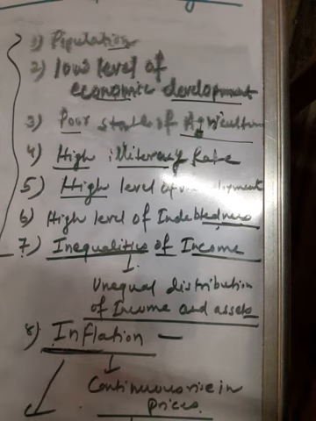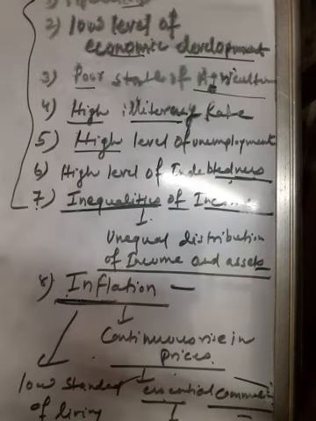Poverty is one of the biggest challenges in front of the government, because the whole society has been divided: one section is very rich and one section is very poor. Students, this is data from the United Nations.